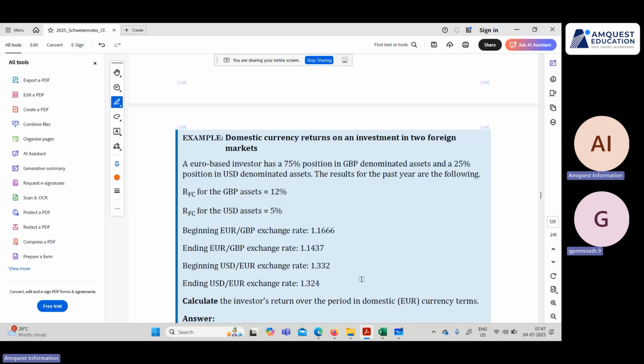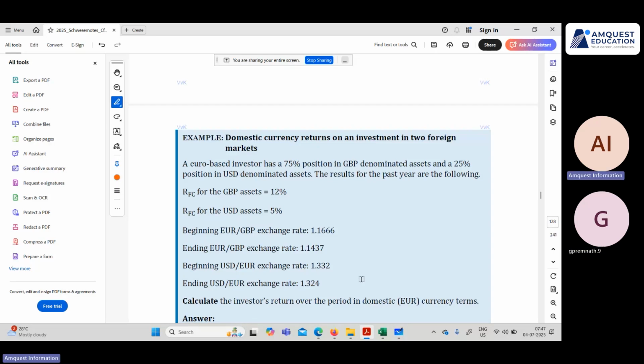So 12% minus negative 1.96% minus 12% into 1.96%. How much will it come out to be? That's about 10.275%. There you're doing something wrong.